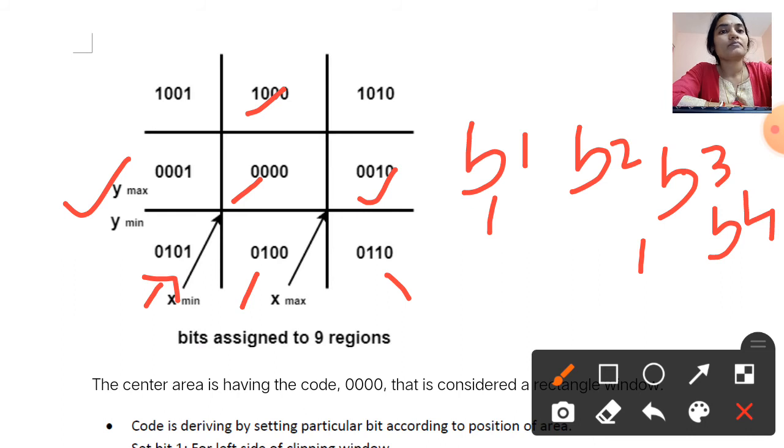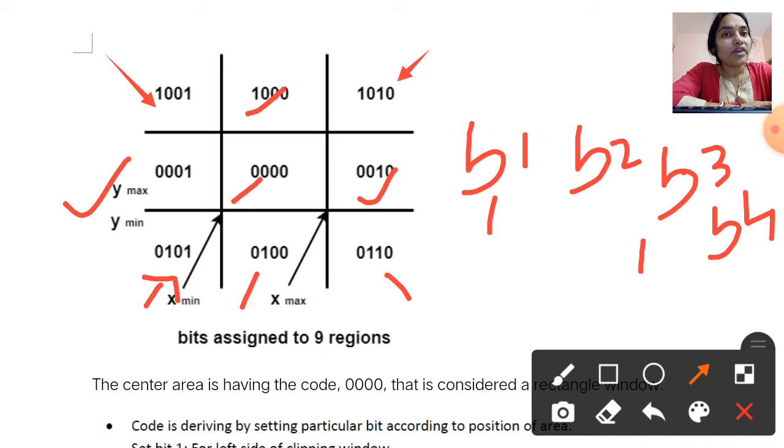Okay, and in this portion, these two codes are considered. In these two codes, the second bit and first bit are set to 1. So that means this one is 1010. Let us consider this one.